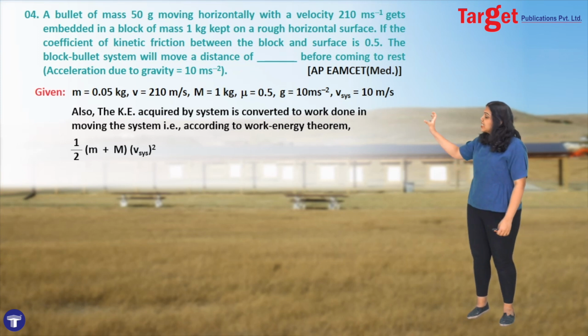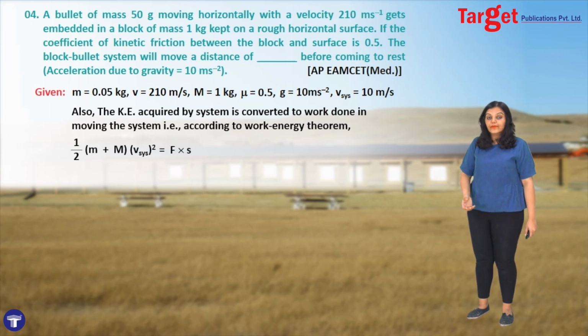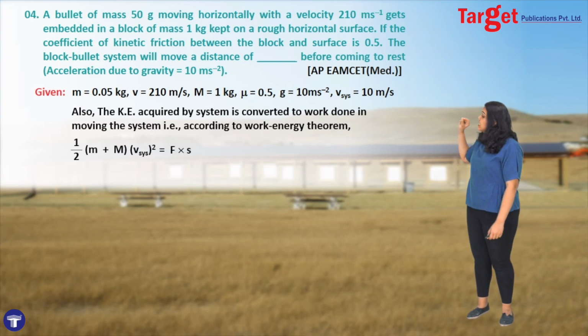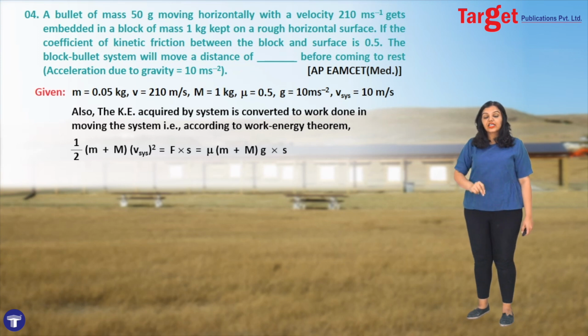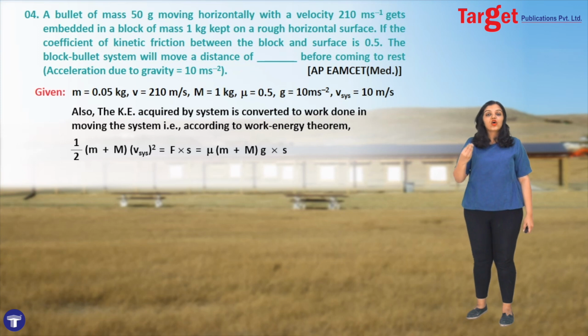So this is the change in kinetic energy on the left hand side, and on the right hand side I say that this change in kinetic energy is utilized in doing the work. And who is doing the work? The work is done by friction. The force of friction F is given by the formula mu into N, where N is the normal reaction, which will be equal to (m plus M) the whole into g.